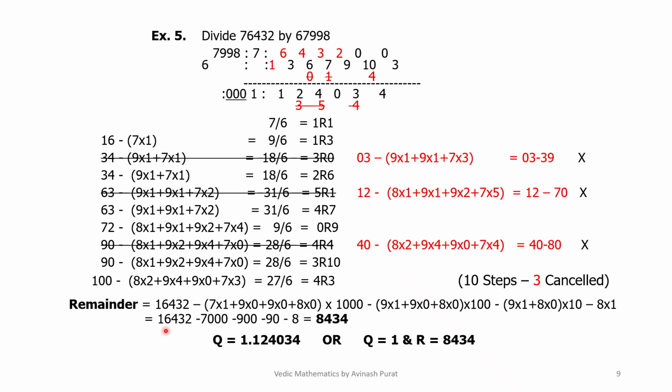So we get 16432 minus 7000 minus 900 minus 90 minus 8, 8 into 1. So we get the answer 8434, that is the remainder. So quotient is 1.124034, or quotient is 1 and remainder is 8434.